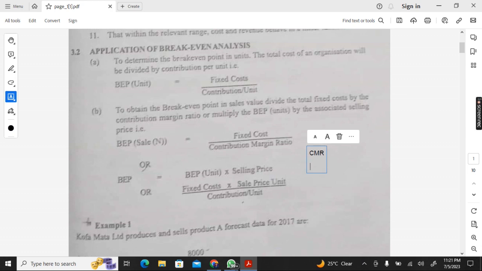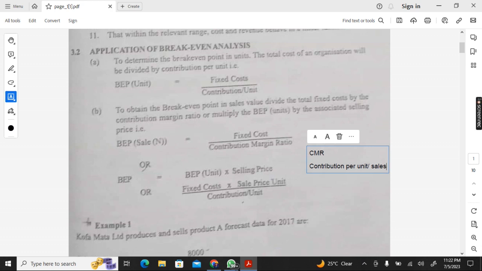We can get our CMR as contribution per unit divided by sales per unit. So that's how to calculate our CMR.